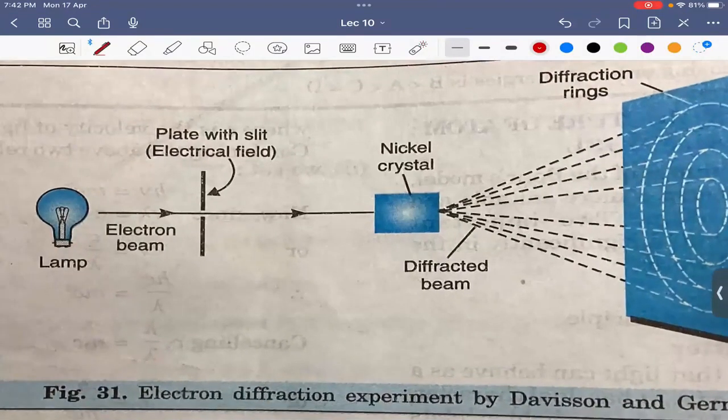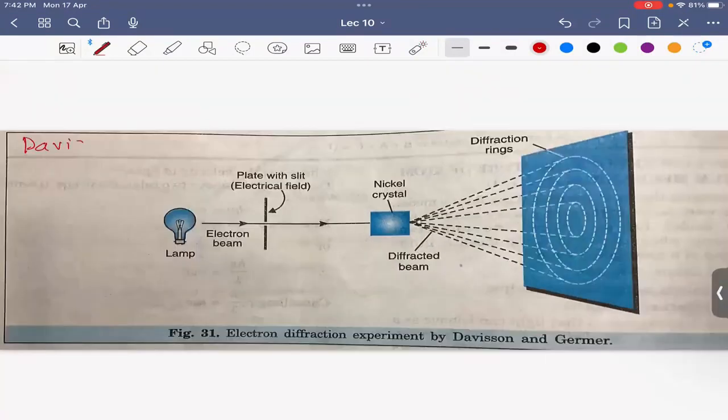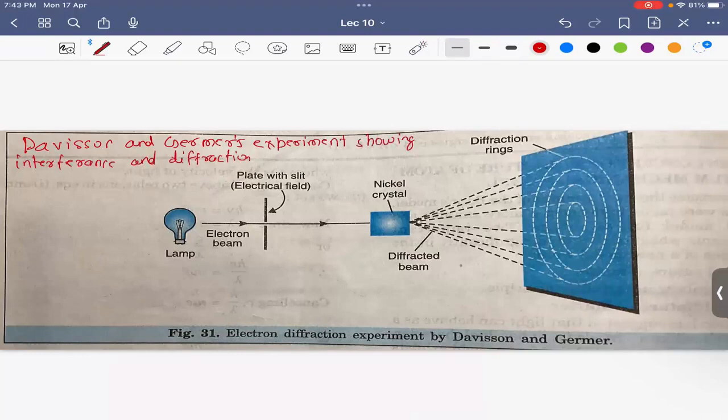Let me write it down. Davisson and Germer's experiment showing interference and diffraction. So Davisson and Germer subjected streams of monochromatic electrons from a tungsten filament.